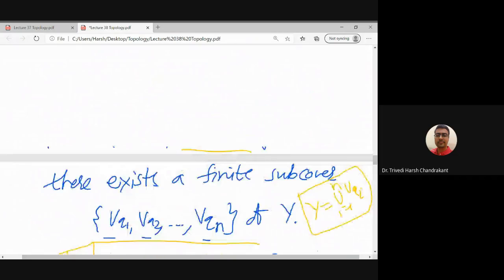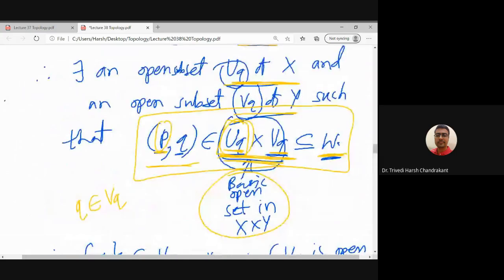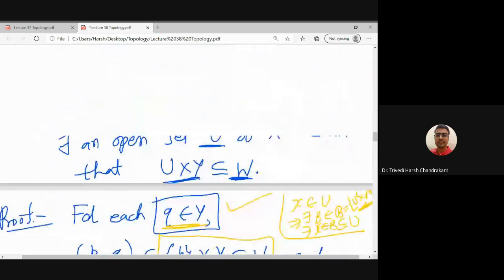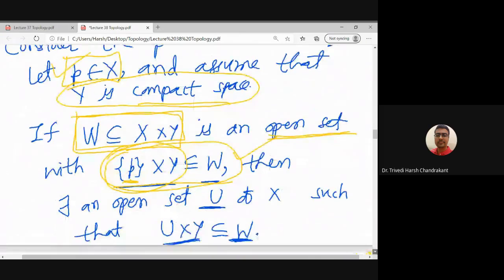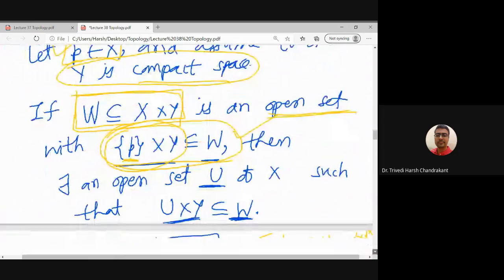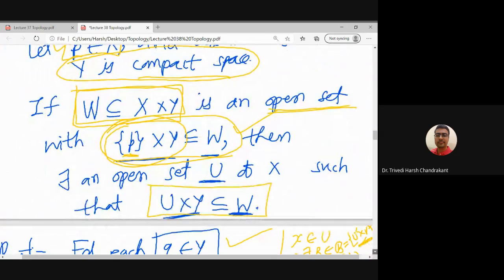So what is W? Let us go to the statement. W is the open subset of X cross Y which contains P cross Y. And what we want to prove is that there is an open set U so that U cross Y is a subset of W. So what is this U that we already found?